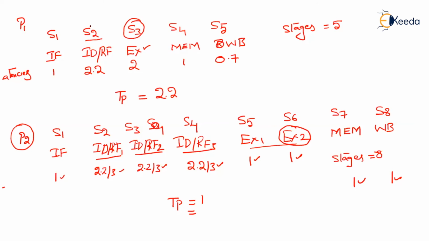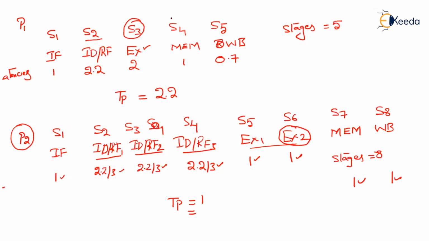In clock cycle 2 itself, the second instruction should enter into S1. But what if the first instruction is a branch instruction? The second instruction cannot enter into the pipe till the first instruction leaves the third stage, because in the third stage the branch target address will get computed. The next instruction pointer will get computed in the third stage.